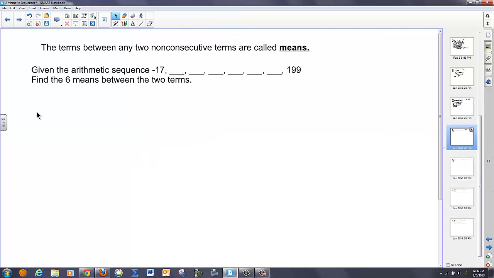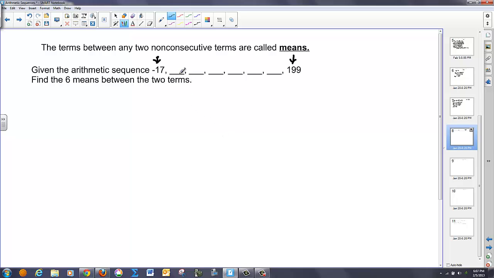So here we have a new definition where the terms between any two non-consecutive terms are called the means of a sequence. So here are my non-consecutive terms, one of which being -17 and the other being positive 199.